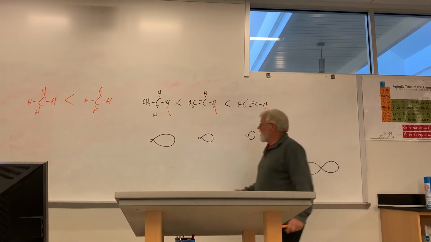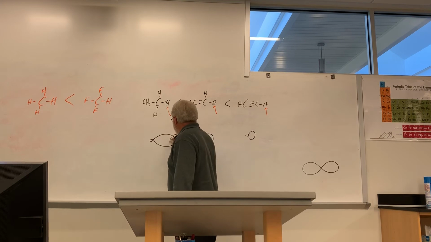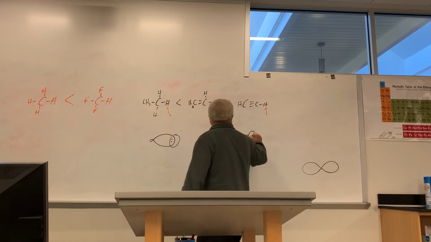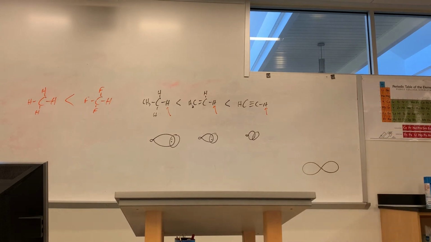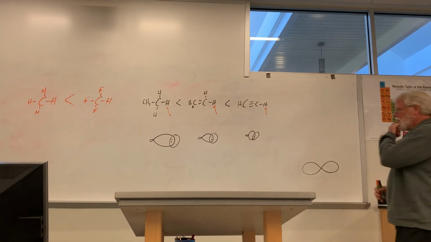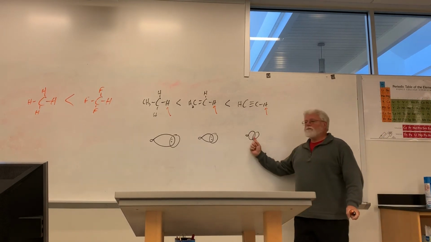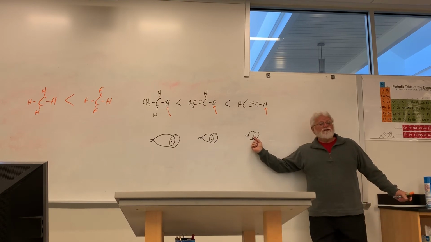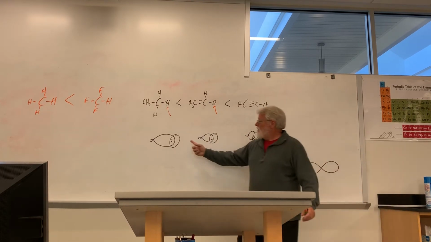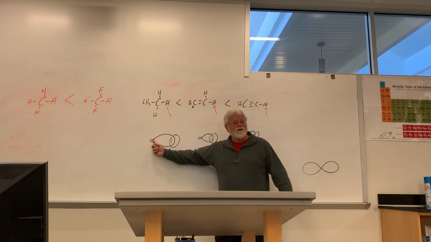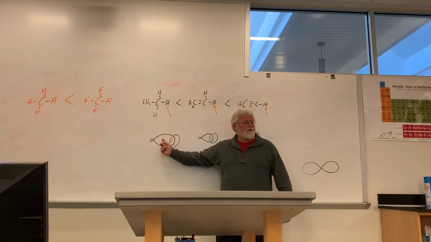So the pair of electrons that's being shared with hydrogen, hydrogen brings a 1s orbital to this, of course, that's all he's ever got. This pair of electrons is closer to the nucleus if that carbon is sp hybridized than it is to the nucleus if the carbon is, say, sp3 hybridized.